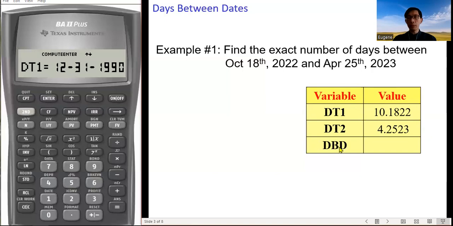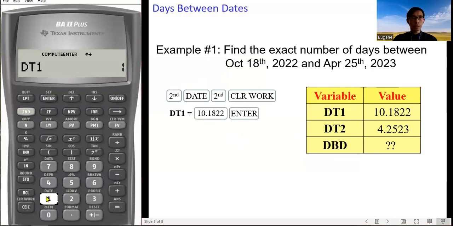And then the next variable, DBD, the days between dates, we need to compute it. Activate the date worksheet by pressing second, and then the date, which is the number 1. And usually I will clear the worksheet by pressing second and then clear work. Enter the variable DT1, 10.1822, October 18th, 2022.